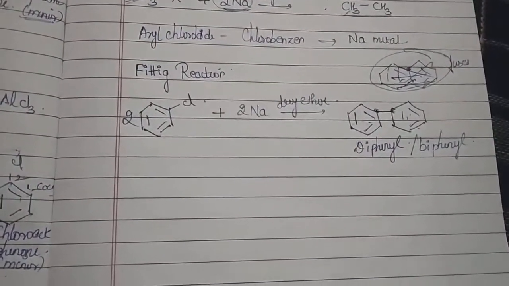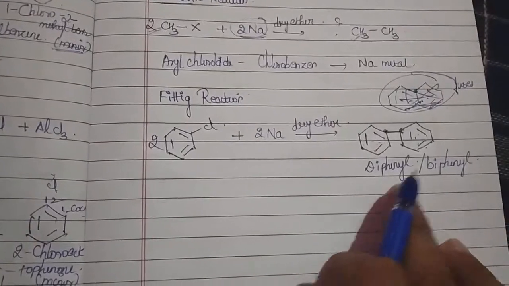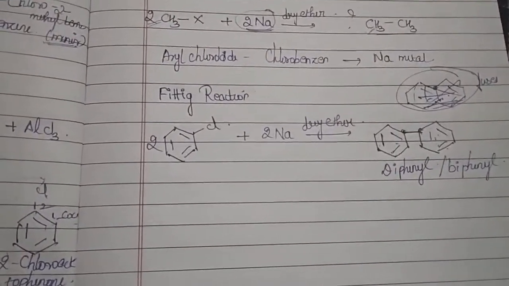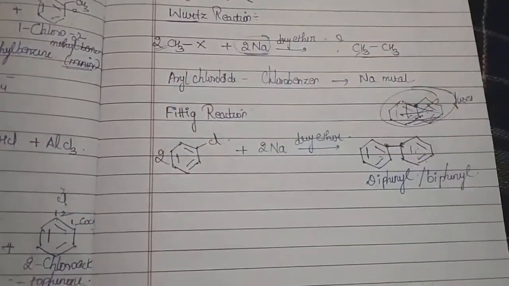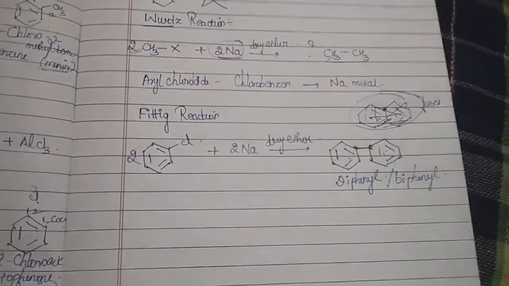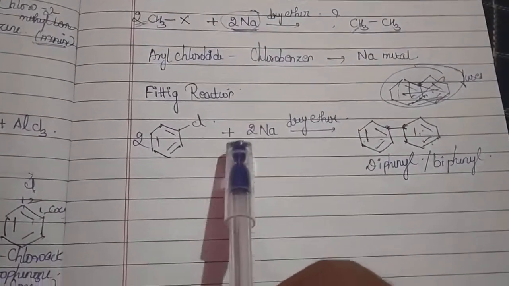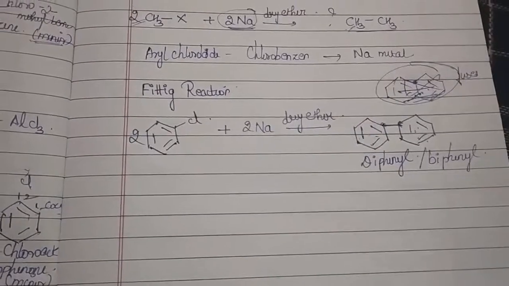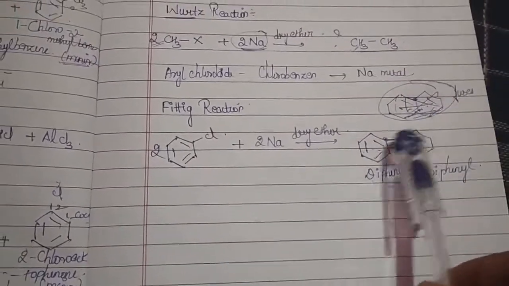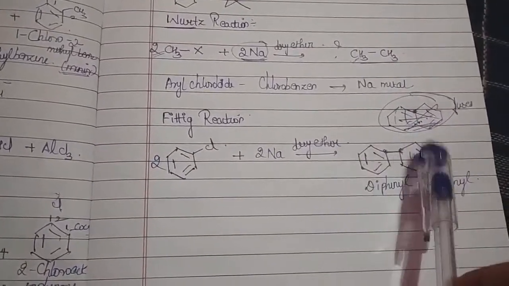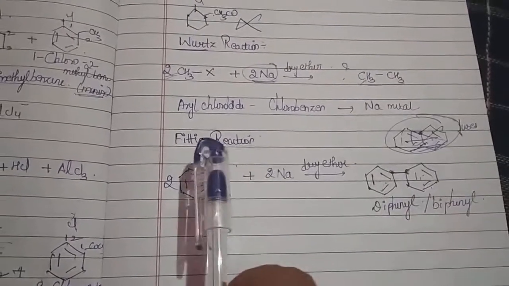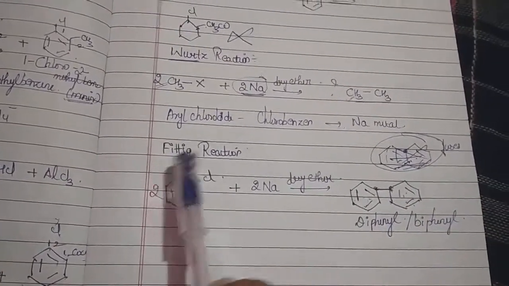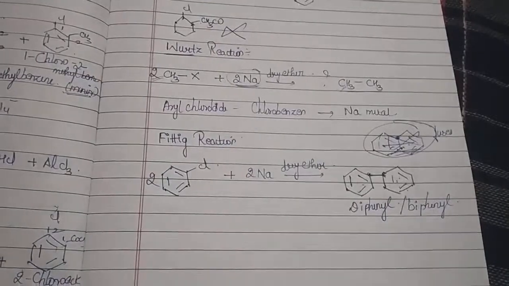So such reactions are called as what? Fittig reaction. I repeat once again, when the aryl halides are treated with sodium metal in dry ether, we get a product in which the 2 aryl groups are joined together. So such reactions are called as what? Fittig reaction.